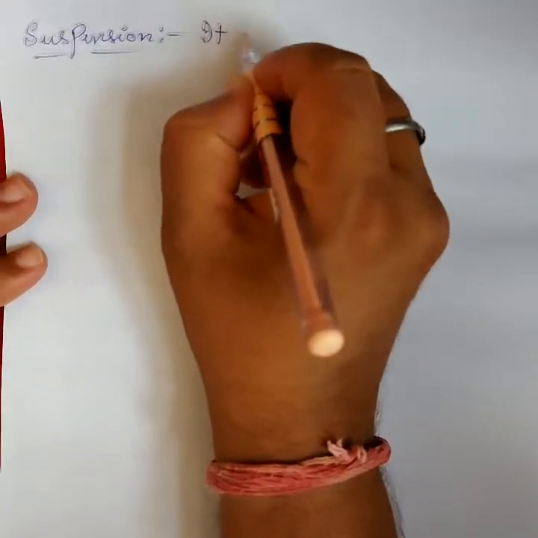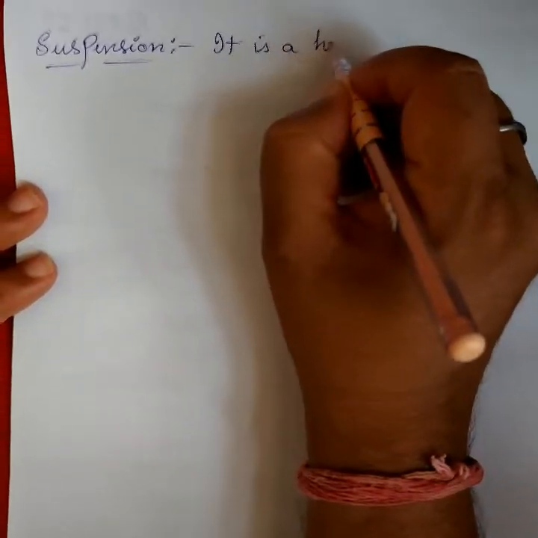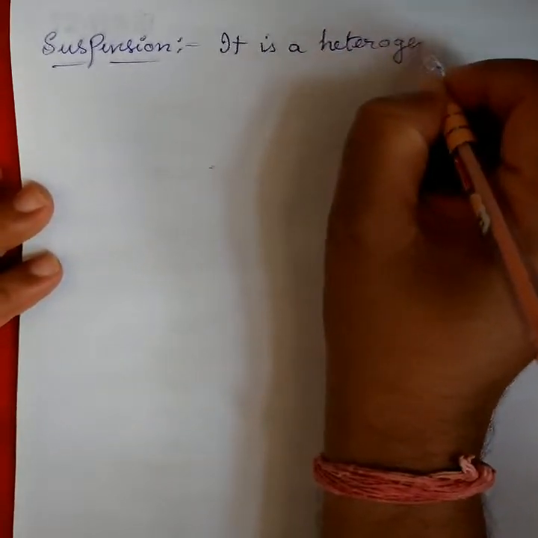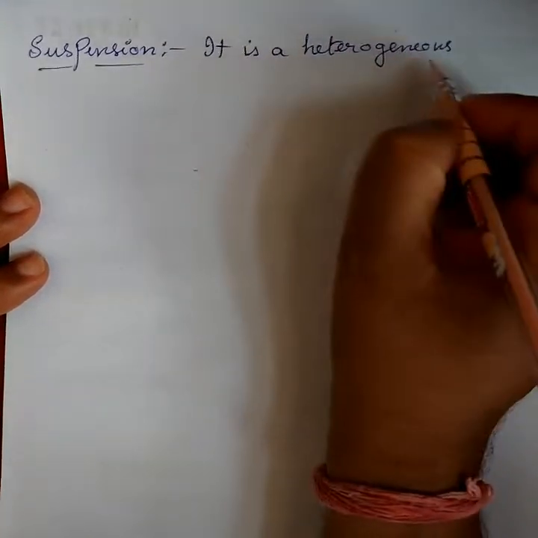Now, what is a suspension? It is a heterogeneous mixture. A heterogeneous mixture is also called a non-homogeneous mixture.